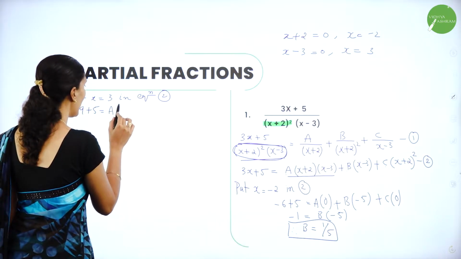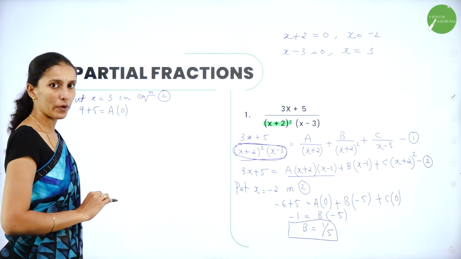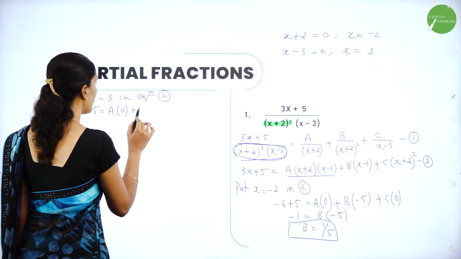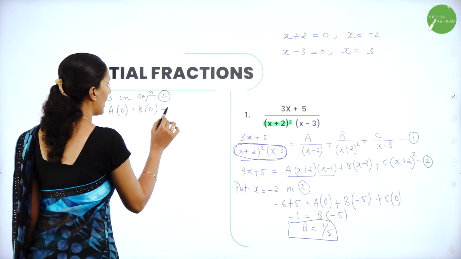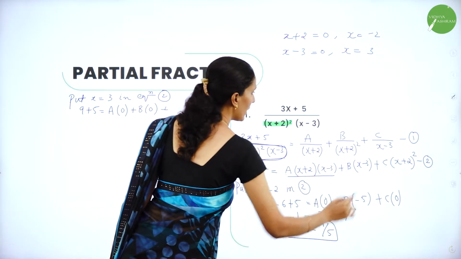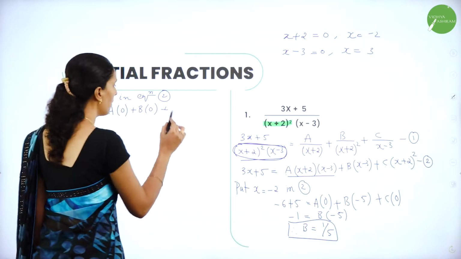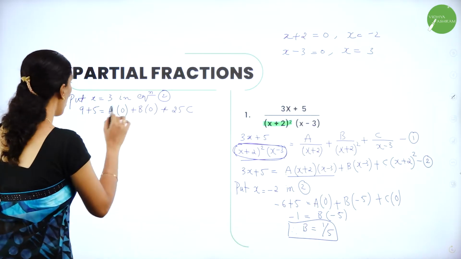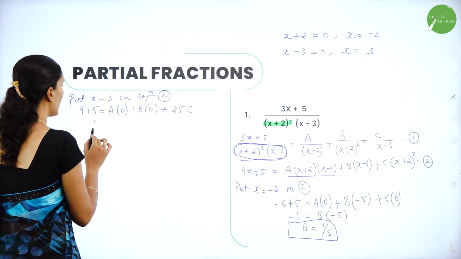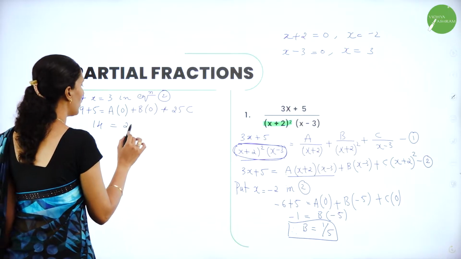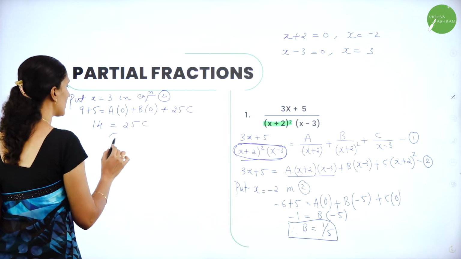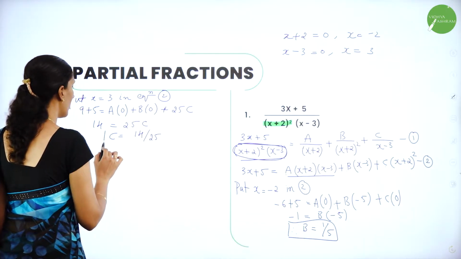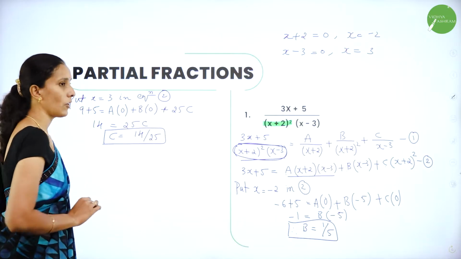So you will get a into complete equation becomes 0. And here also, b term becomes 0. And there, if you put 3 plus 2 is 5, 5 square is 25c you will get. So on solving this, again, you will get 14 is equal to 25c, or c is equal to 14 divided by 25. Now, you have got the value of c.